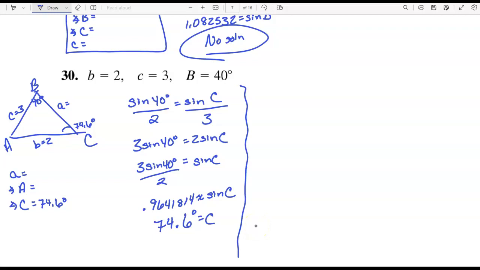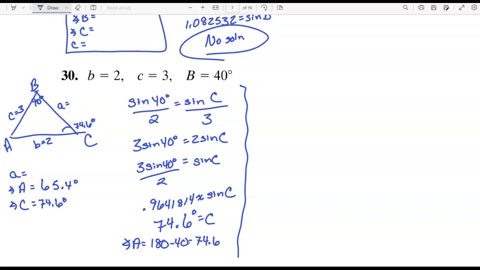So let's finish the triangle solving it this way because we know there's a solution, right? So that means angle A is going to be 180 minus 40 minus 74.6. That's going to be 65.4 degrees.